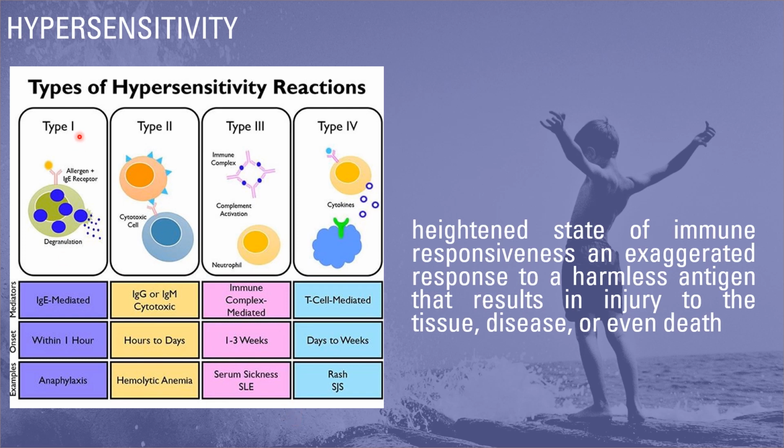So we have four major types of hypersensitivity reactions: type 1, 2, 3, and 4. And they are called IgE mediated, cytotoxic, immune complex mediated, or T cell mediated. They vary in their onset.